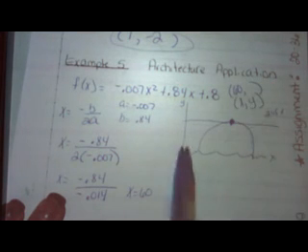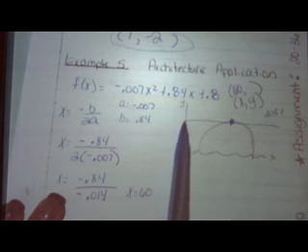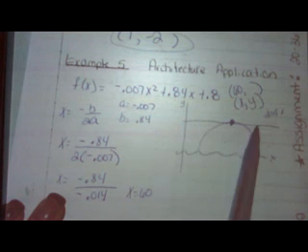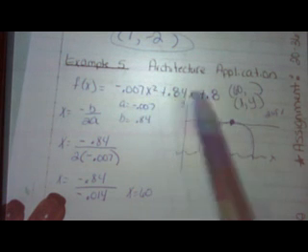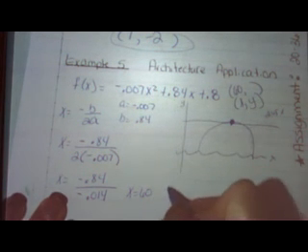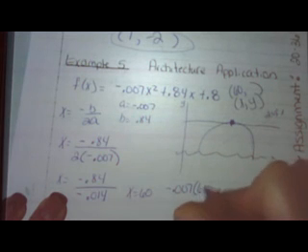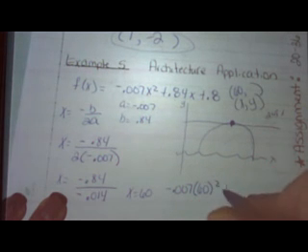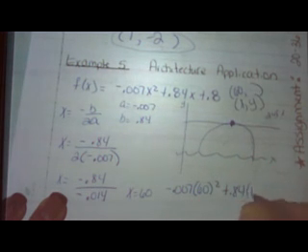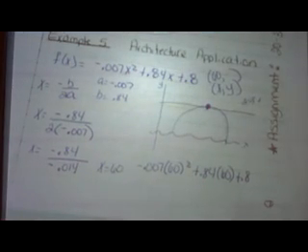So on my vertex, I know that x is 60. How do I find the y? I'm trying to find this highest point, this y right here. I'm going to plug the 60 in for x. So I'm going to have negative 0.007 times 60 squared plus 0.84 times 60 plus 0.8. And then I'm just going to put that in my calculator.